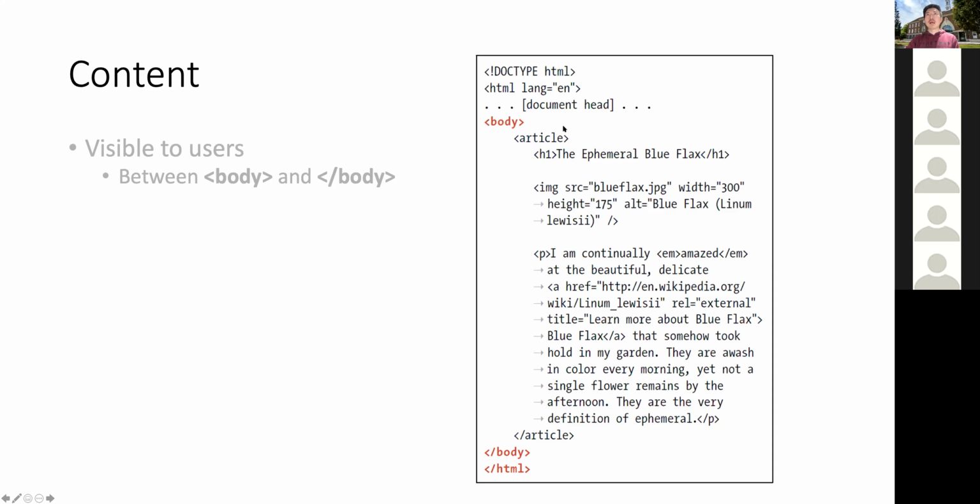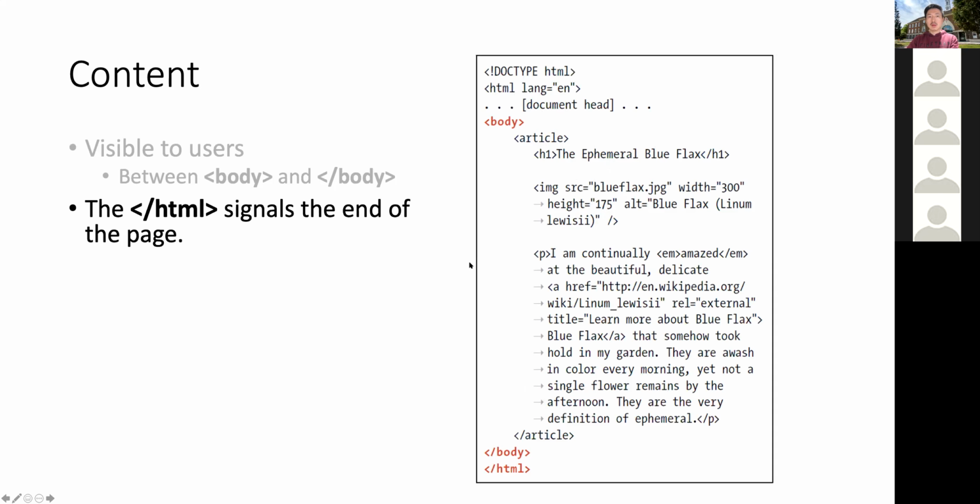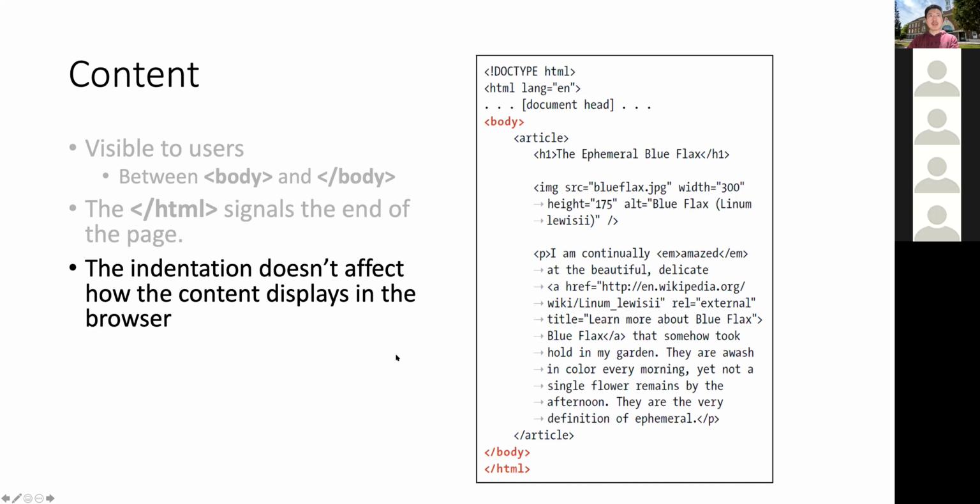That's called the head section, and after that is the body, and the body part is actually what shows in the browser. At the very end, you would have the /HTML, which is where it gets closed. That means the end of the page.